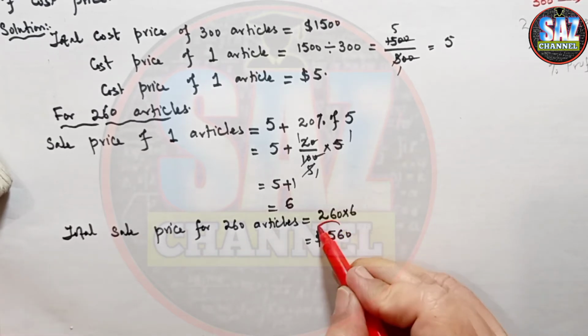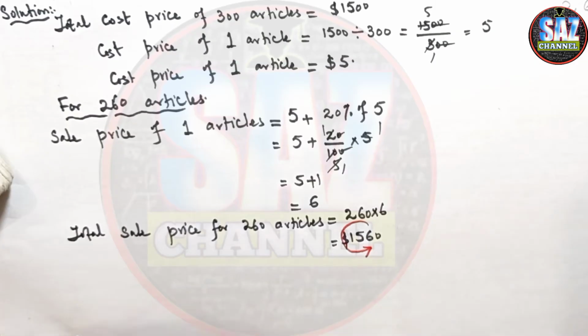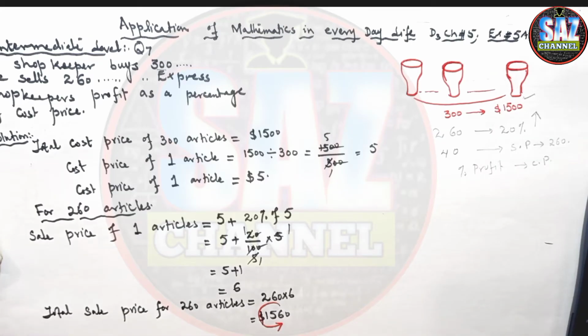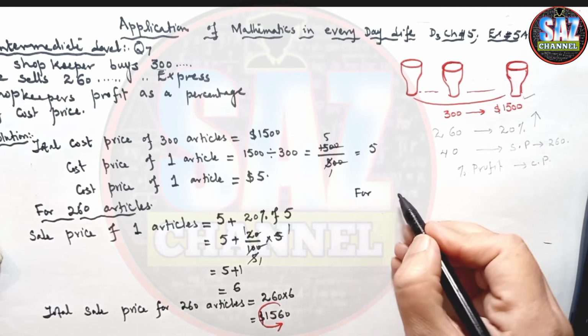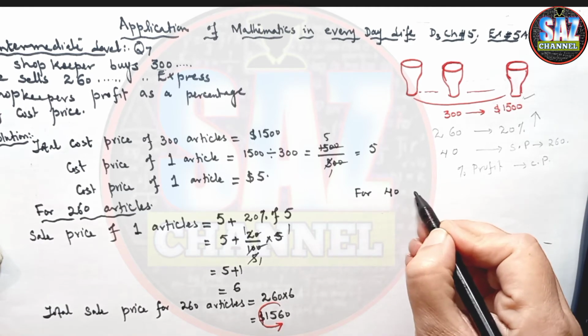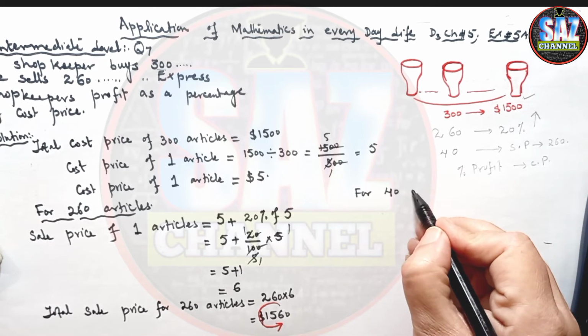And for the remaining articles, each is sold at the price which is 50% of the price of each of the 260 articles. So for the remaining 40 articles, because 260 plus 40 will give me 300.